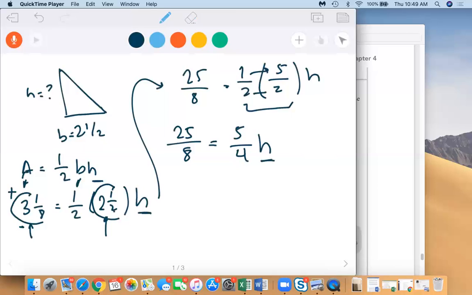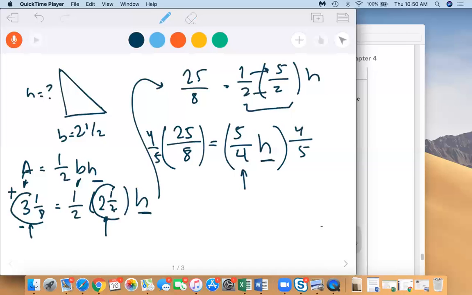But remember, when we're saying divide by 5/4, that's the same thing as multiplying by the reciprocal. Remember, same dot flop. So that's exactly what we're doing. We're just going to multiply both sides by the reciprocal of 5/4, and multiply by 4/5.